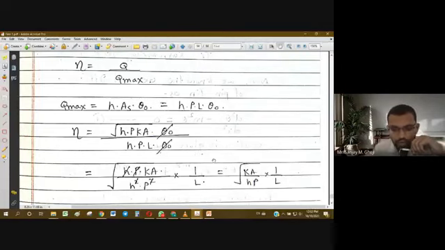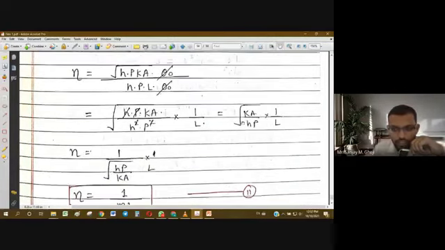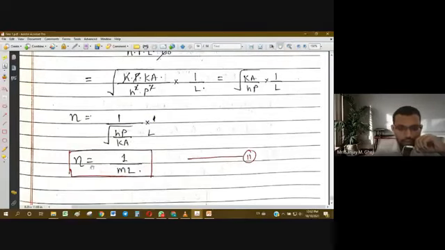L we are keeping outside, so we get under root ka upon hp into 1 upon l. If we take its reciprocal in the denominator, we get 1 upon under root hp upon k into l, and under root hp upon k is nothing but m. So efficiency also comes out in a very simple form of equation. This is very easy to remember and very simple to write. Efficiency equal to 1 upon ml.